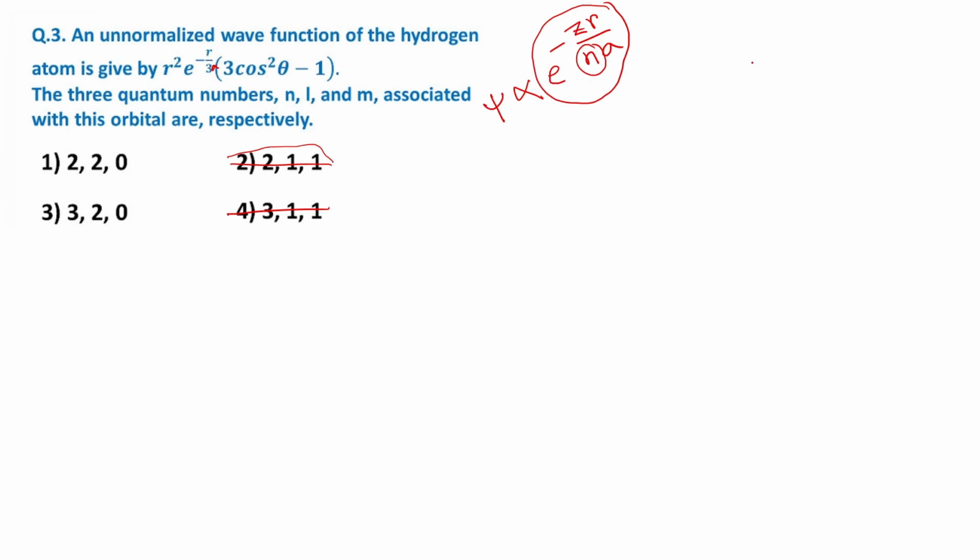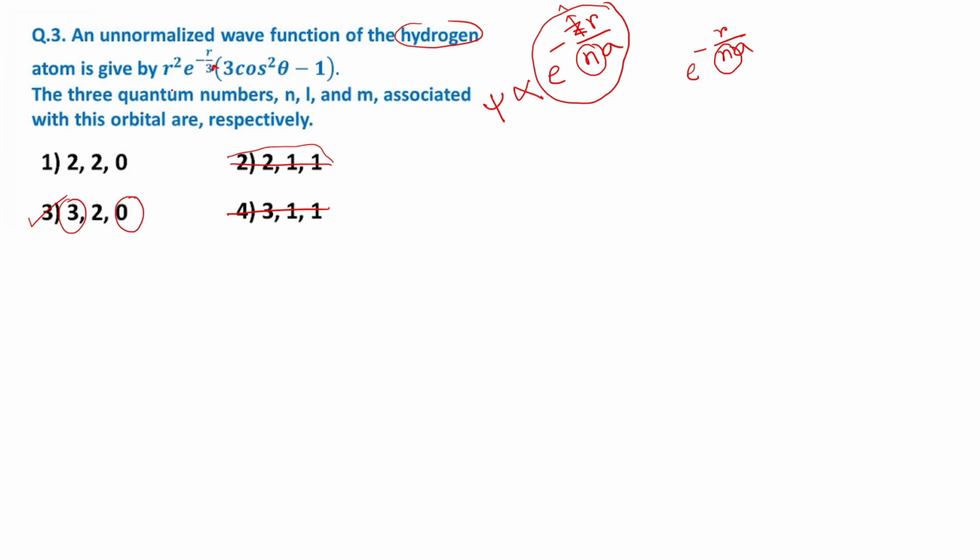And if it says it is hydrogen, then your z is 1 already. So it is something like e to the power minus r by na, right? You're getting my point. From there you can get the value of n. Here the value of n is actually 3. So m is 0 and n is 3. So this is going to be the correct answer.